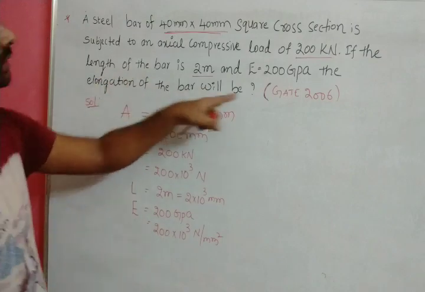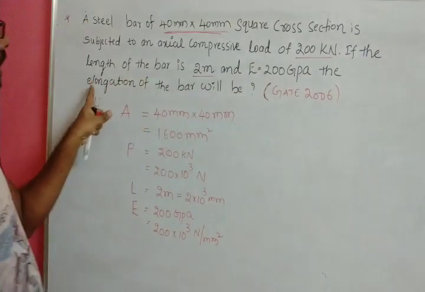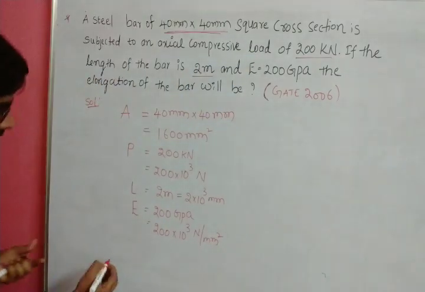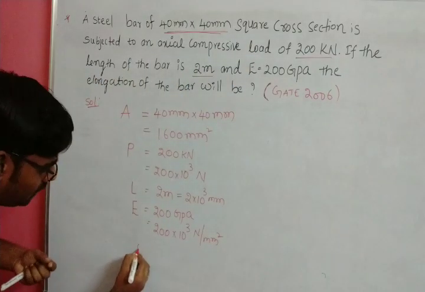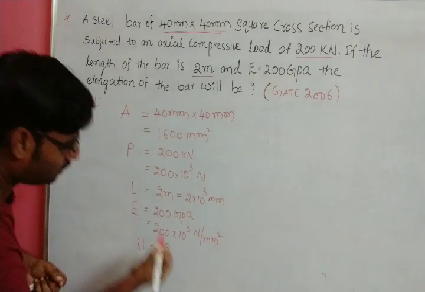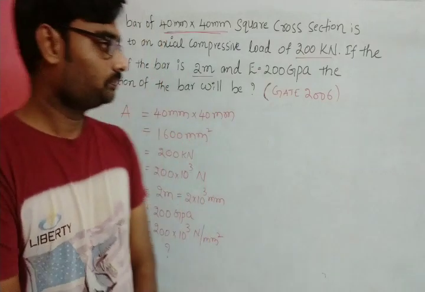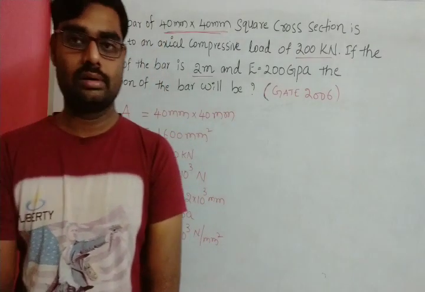Then what is the next one? The elongation of the bar, that means calculate or determine delta L equal to question mark. But how to calculate the elongation?